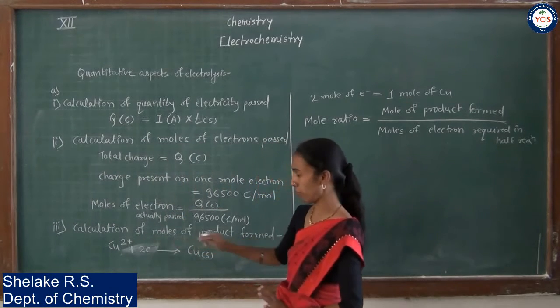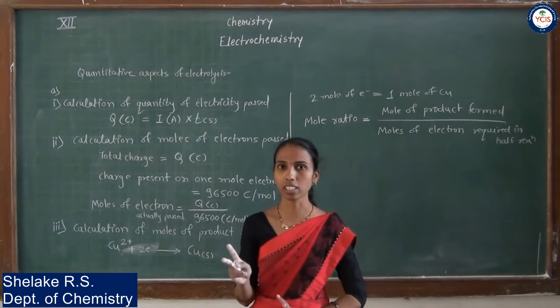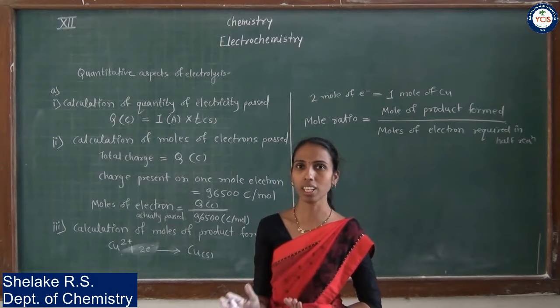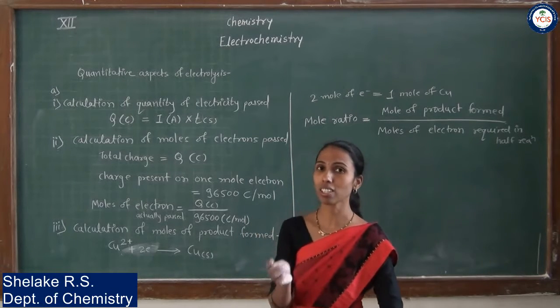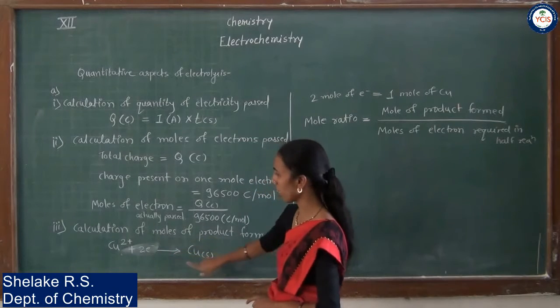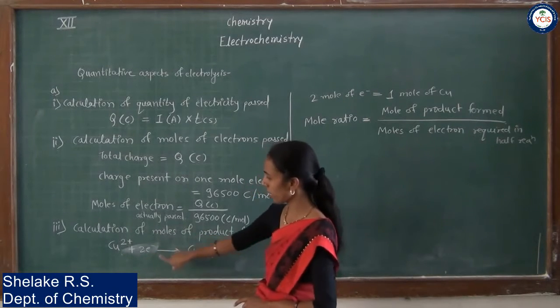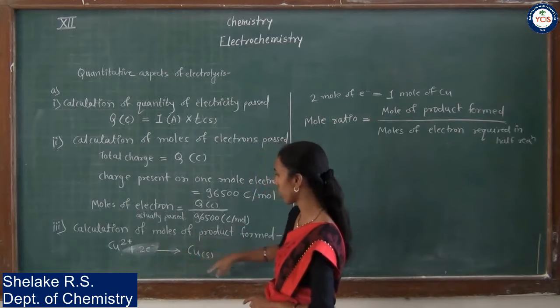Understand properly that when you are finding out the moles of product, there are 2 reactions. Half is an oxidation, half is a reduction. So you have to consider the stoichiometry of a half reaction. Here we are taking only one half reaction, in which gaining of electron means we have considered reduction.